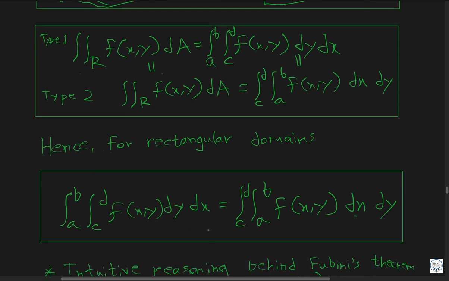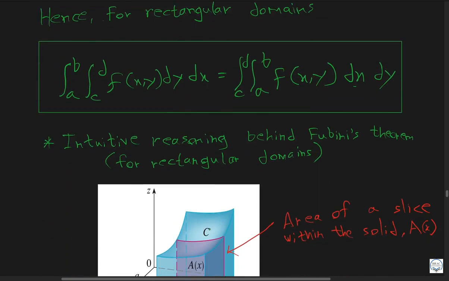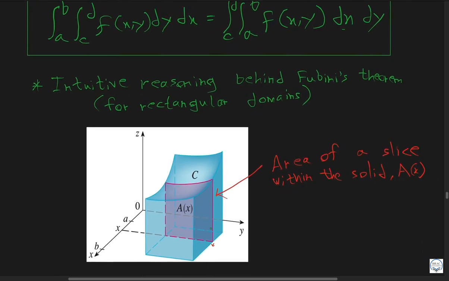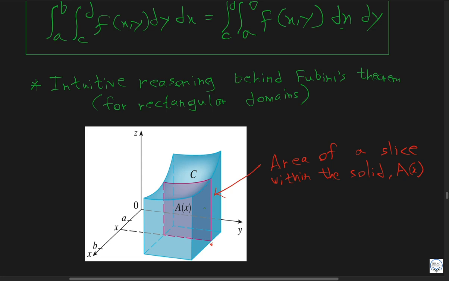Now let's discuss the intuitive reasoning behind Fubini's theorem. Here we'll discuss the case for rectangular domains. Let's say we have a solid C for some function z equals f of x comma y, which is this particular surface, and C is this entire solid, and we take a cross section anywhere within our limits of interest.